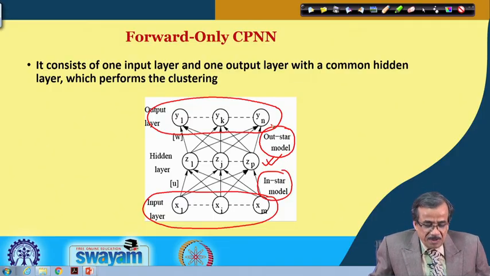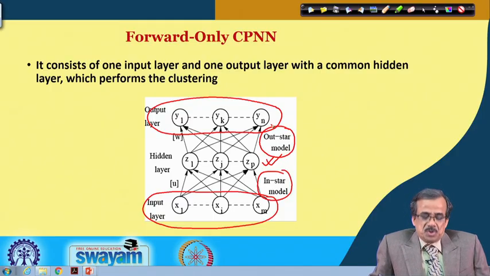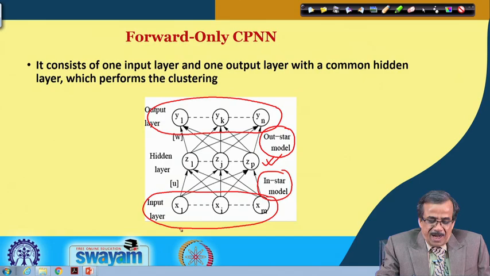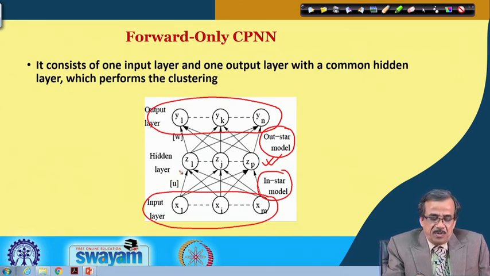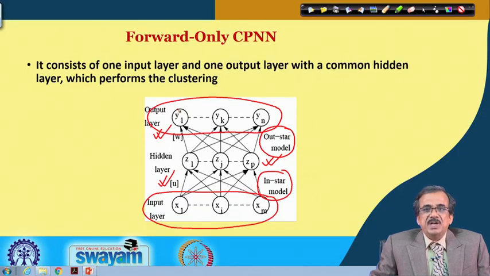The working principle is exactly the same. We pass the set of inputs, and the connecting weights u and v we go on updating.